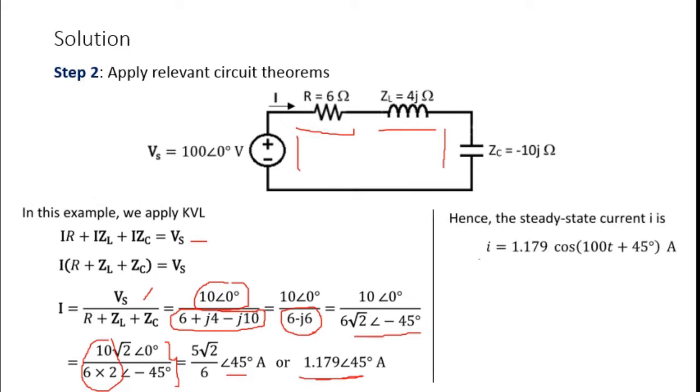So we get the current expression in time domain equivalent to 1.179 cosine of 100t plus 45 degree ampere. So it's quite simple when we use the Phasor form.